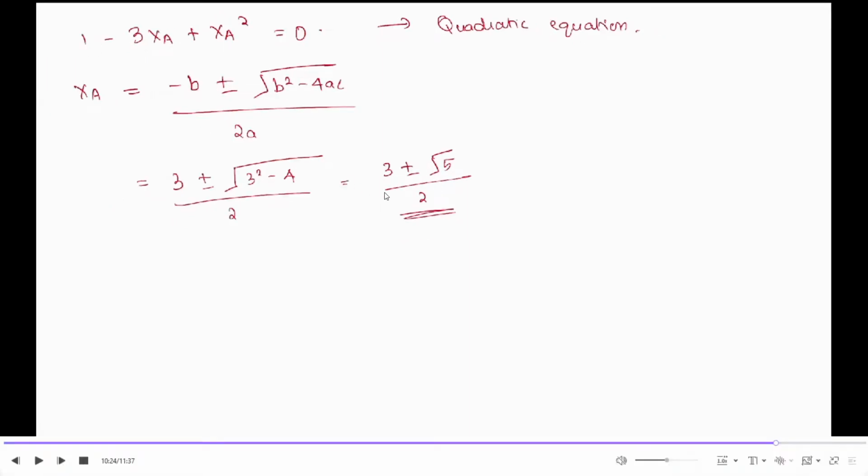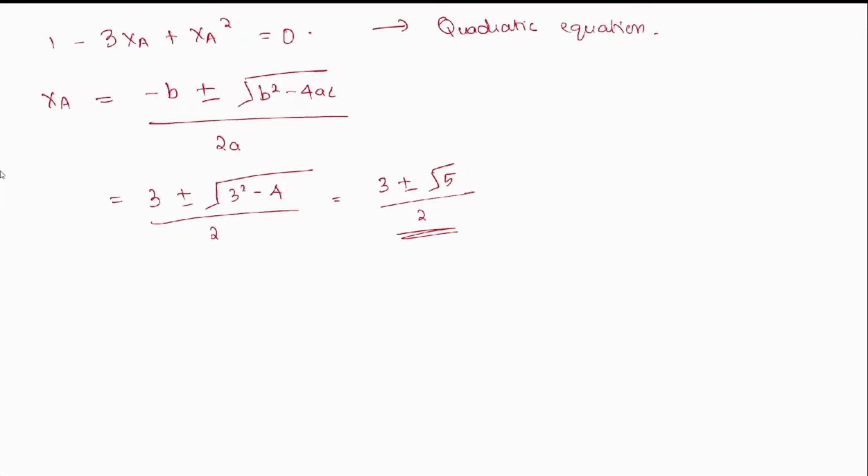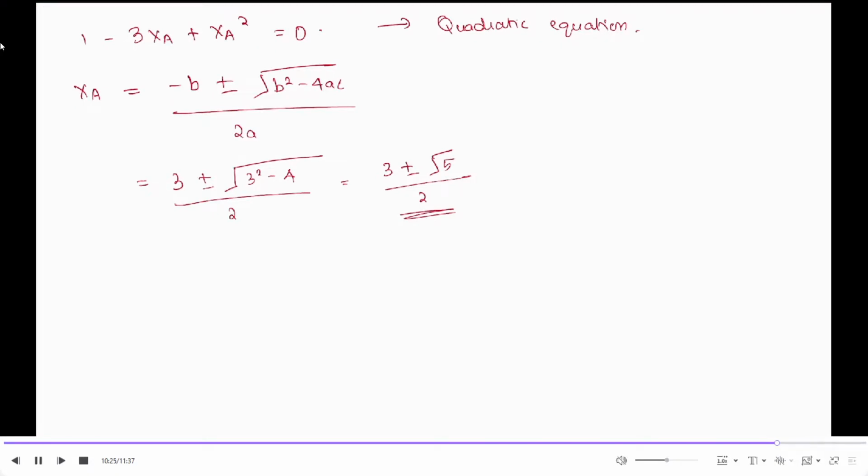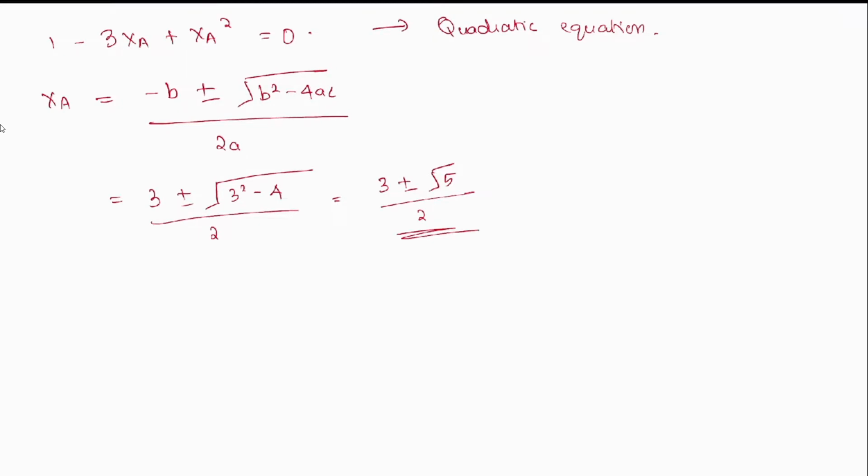We have two possibilities here. One is 3 plus root 5 by 2 and the other is 3 minus root 5 by 2. This 3 plus root 5 by 2 is greater than 1, and conversion cannot be greater than 1. The other case, 3 minus root 5 by 2, will be less than 1, and that is a possible value for conversion.